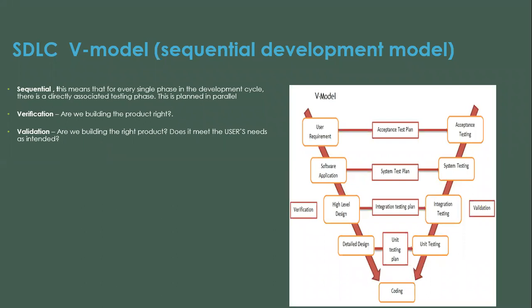Does it meet the user expectation? Does it meet the need as it intends? Is this the expected? That is what validation is. Verification: are we doing the right product? You are asking yourself. Validation: now we have seen the product. Is it the exact thing that the user wants that we are doing?